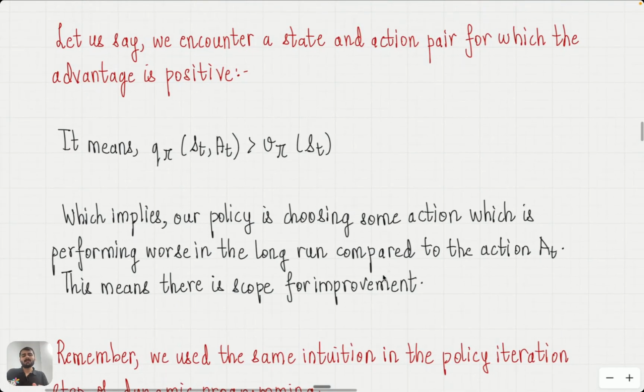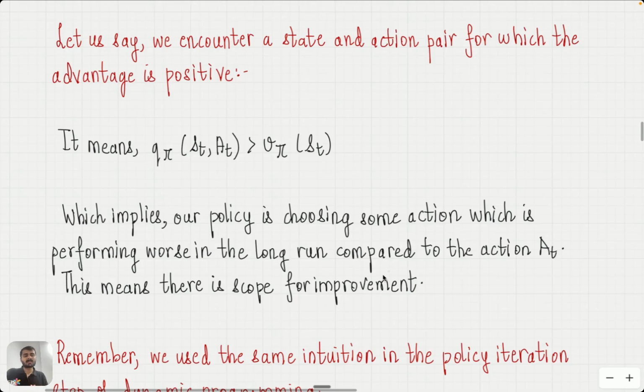And we had this same intuition in the policy iteration step of dynamic programming, if you remember. What we did in dynamic programming is that we fixed one policy, and we calculated the value function for that policy. Then we went to a state of the agent and asked the question: is there any action in this state which is leading to better expected rewards compared to the value function at that state?